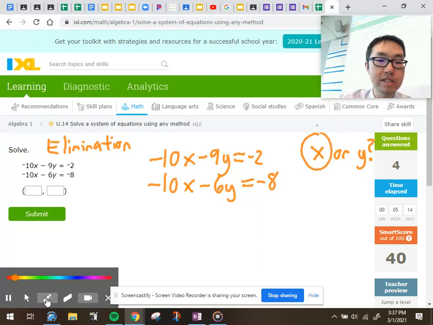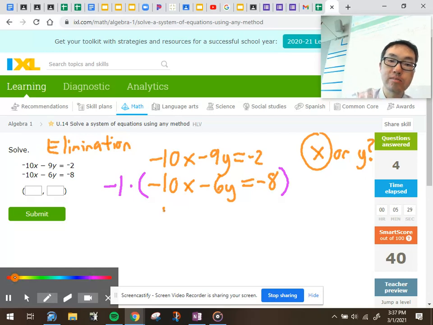What happens is if I take the second equation and I multiply by -1, I'm multiplying every term in this expression by -1. I get positive 10x plus 6y equals 8.